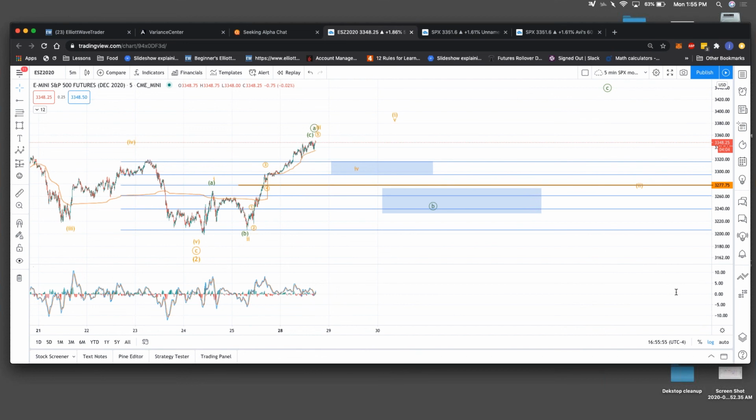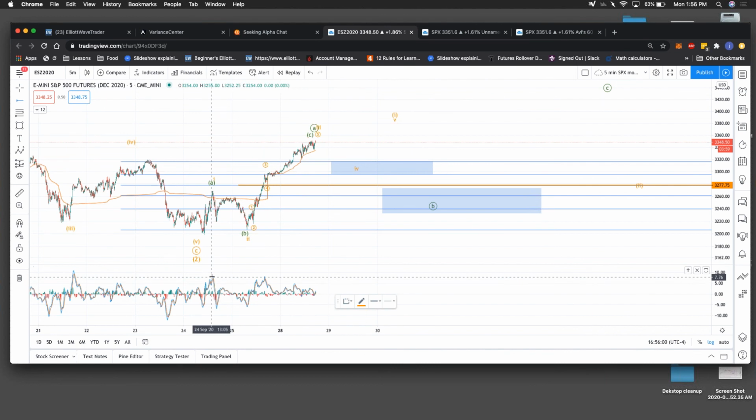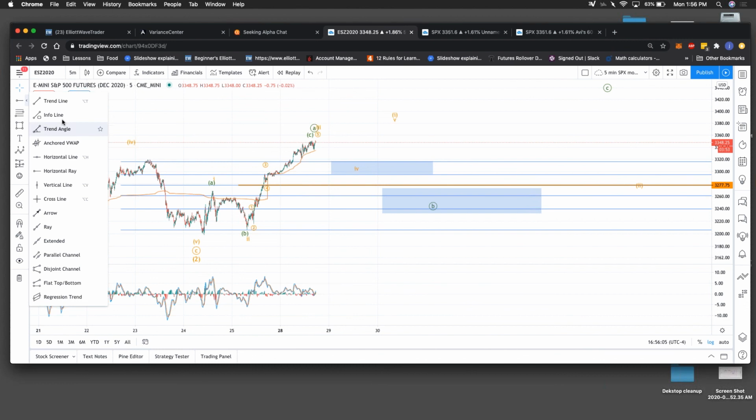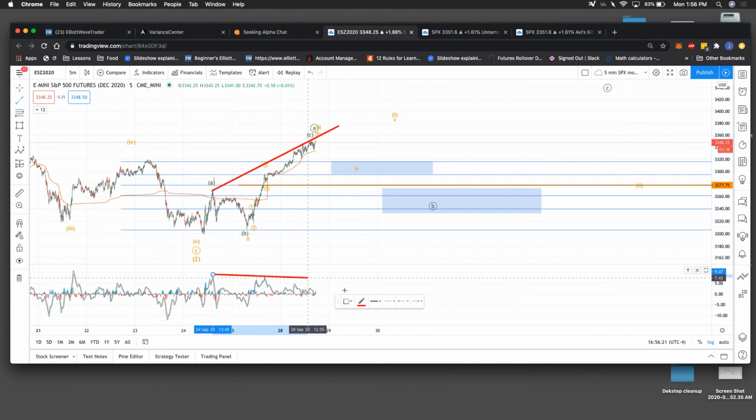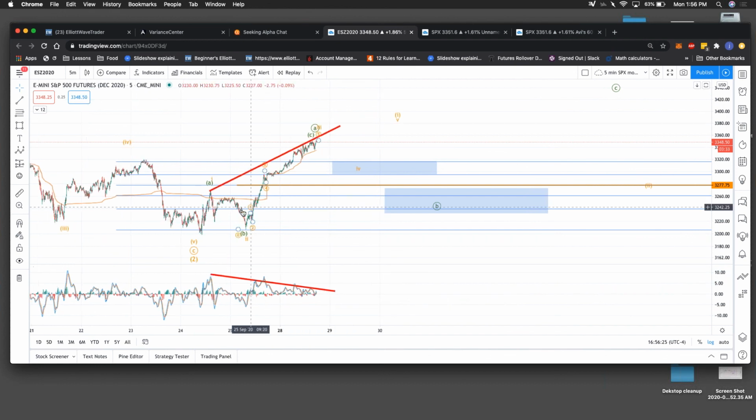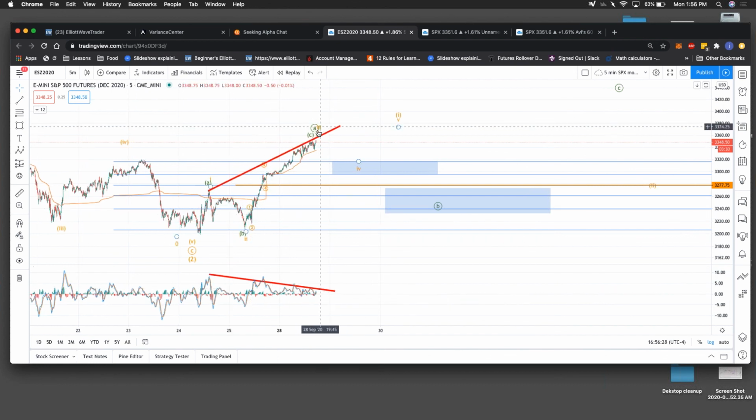Julio asks, is the negative divergence what you just pointed out? Yeah, exactly. So look here, from this high, from the A wave to the C wave, or from the wave 1 to the wave 3, clearly we have higher prices, but look at the technicals. When we see a wave 3, typically its technicals are going to be stronger than the wave 1.